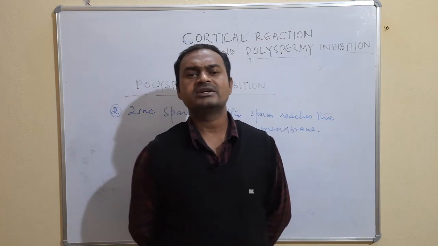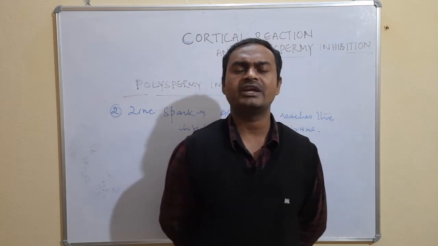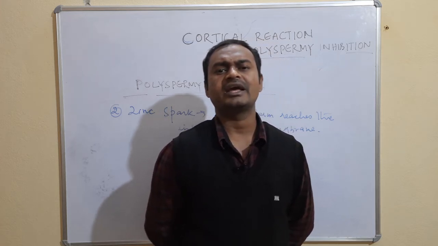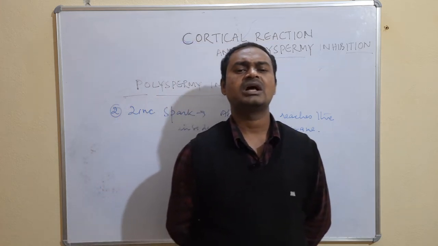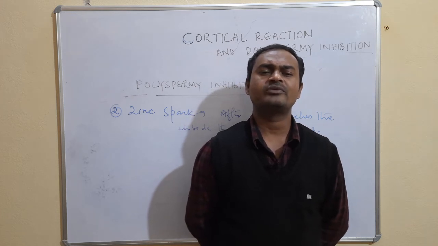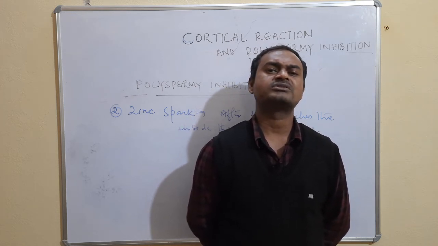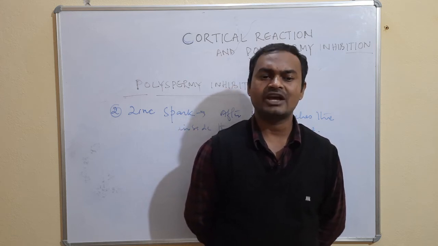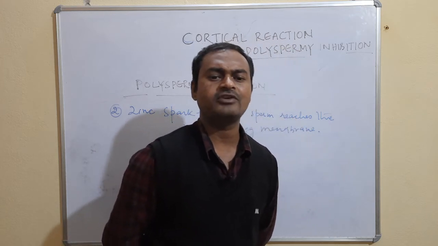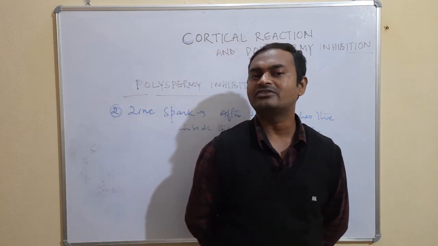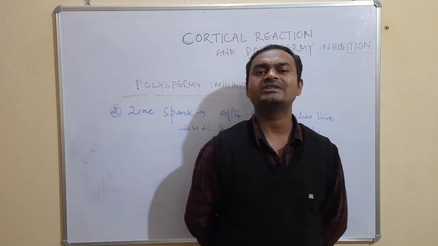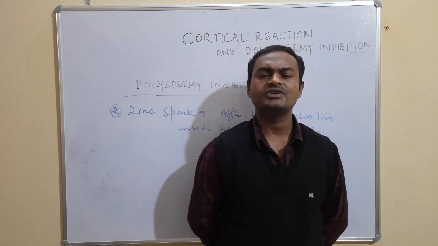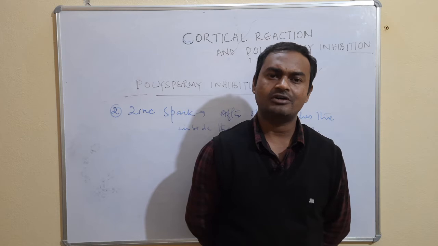Basically it inactivates, or you can say it deactivates, some of the proteins like acrosin and MMP2, which are the proteins responsible for the sperm to traverse through the cumulus and the zona pellucida membrane. So it binds with this acrosin and MMP2 and inactivates all these types of proteins. Besides this, it is also responsible for the inactivation of most of the proteins which are involved in the capacitation of the sperm.